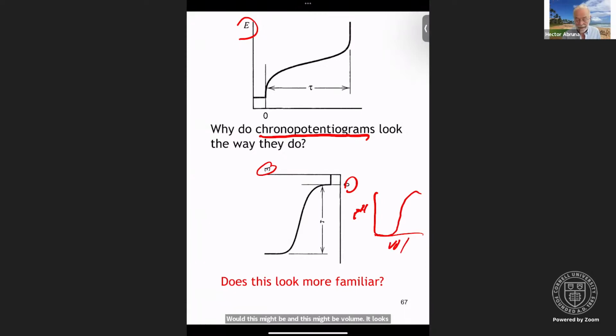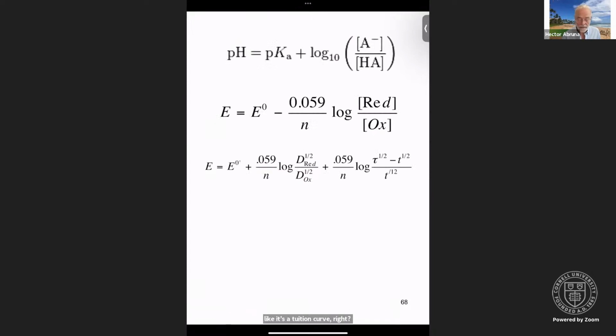And in fact, if you look at the math, this is from freshman chemistry, the so-called Henderson-Hasselbalch equation: pH equals pK plus log ratio of basic form to acid form.